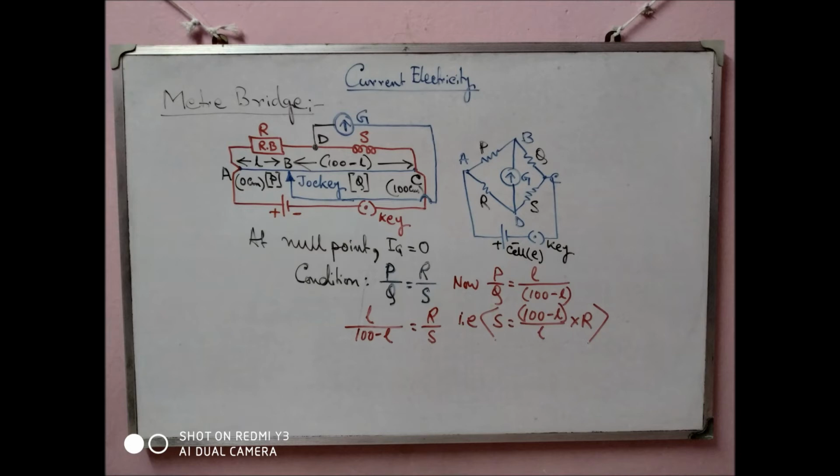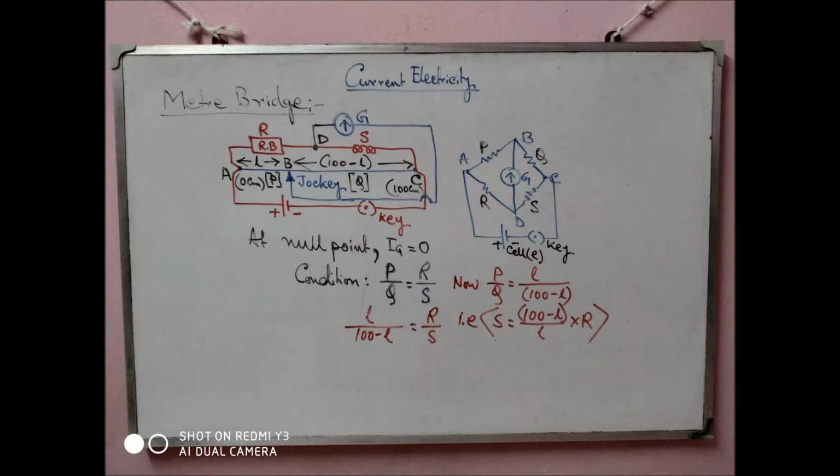Second thing is that due to heating effect, the resistance of the wire can change, because whenever current flows there is Joule heating in every conductor. So due to this Joule heating, the resistance can change. Also, resistance can change due to the temperature of the surroundings.